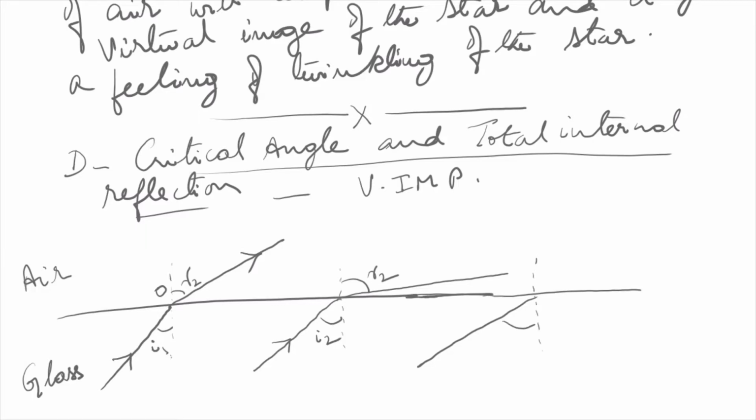So this is I3, so that now the refracted ray passes along the line of separation. That means the angle of refraction is 90 degrees. So this angle of incidence I3, for which the angle of refraction is 90 degrees, is called the critical angle. Is it clear?